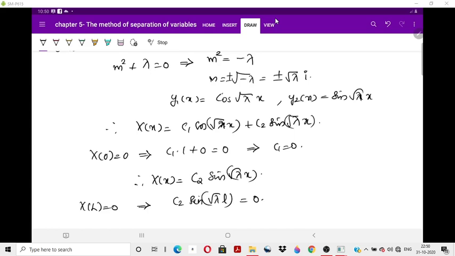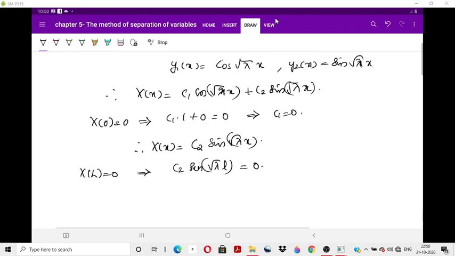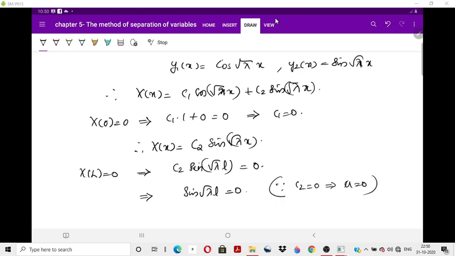So if C2 also equal to 0, we will get only the trivial solution. Therefore, this must imply sine of root lambda L must be equal to 0. Since C2 equal to 0 implies X will be 0, that means in consequence U equal to 0. That is only the trivial solution.